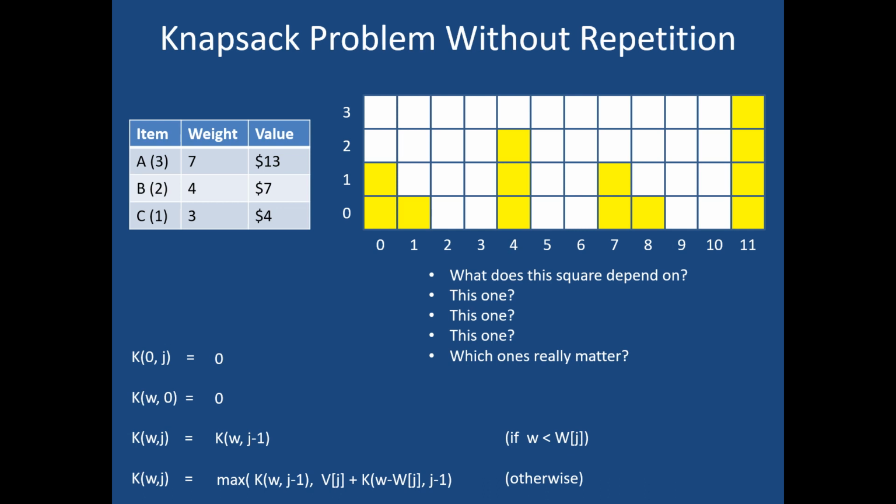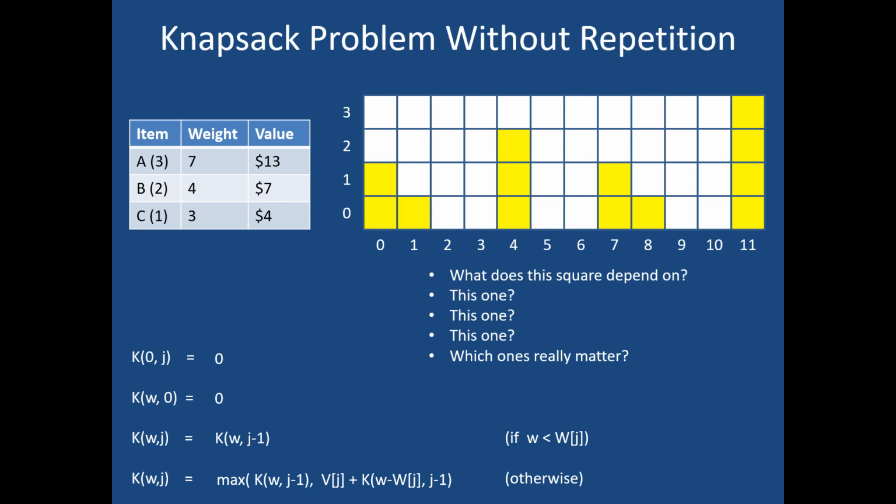So what does this say about the relative value of building in a table, filling in a table, and then your answer is in the upper right hand corner, versus caching a recursive method? Which one wins here? Caching a recursive method.